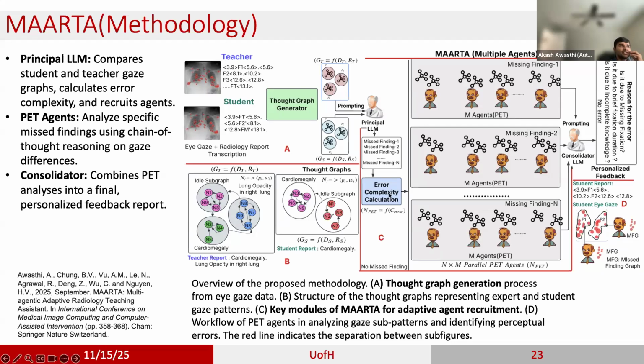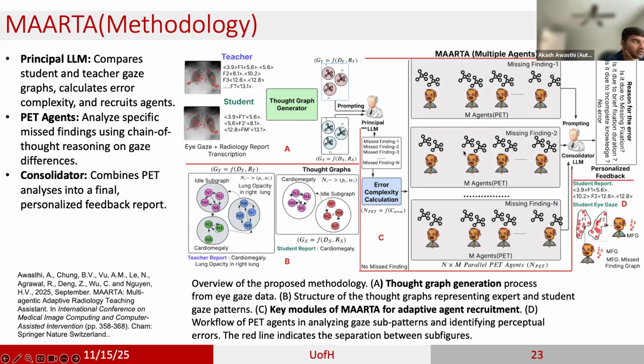Now this agent just compares a particular abnormality, lung opacity, in the student graph. Let's consider lung opacity is missed, and we have five subgraphs in the student data. It is going to compare the lung opacity subgraph of the teacher with all five subgraphs present in the student one. So that's why there are a number of parallel agents working together for each abnormality.